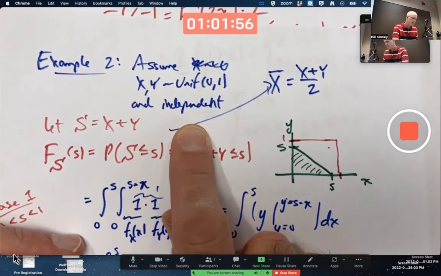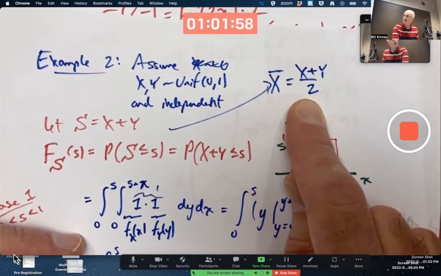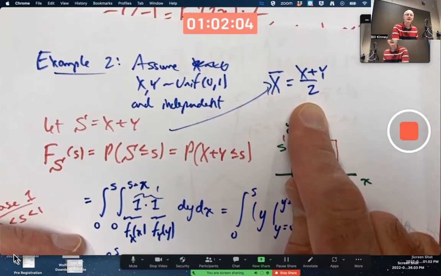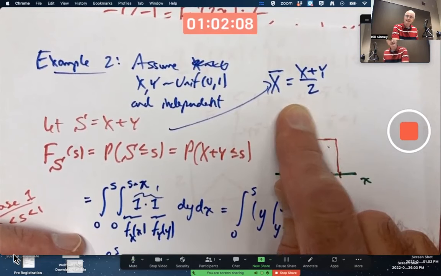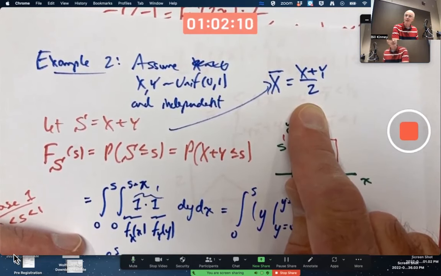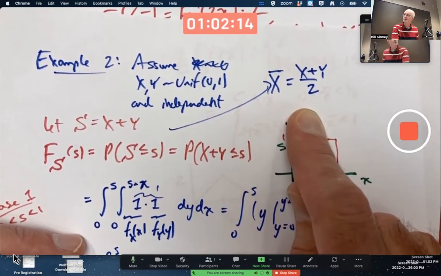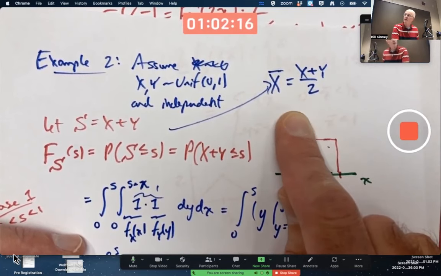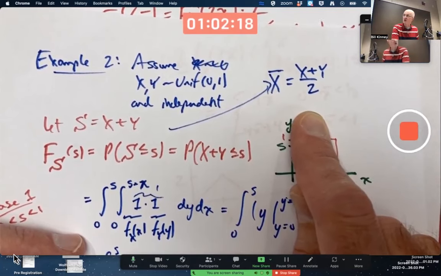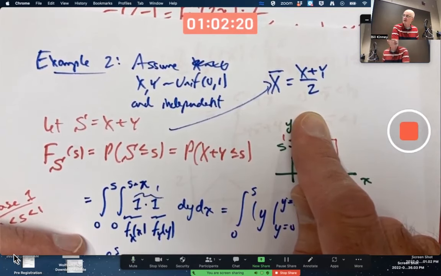I can write a formula for it. X̄ is (X + Y)/2. It's their average, called the sample mean. It's a statistic, a random variable created from a random sample by some formula or rule, some function of a random sample, really.